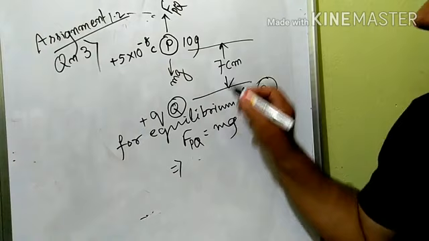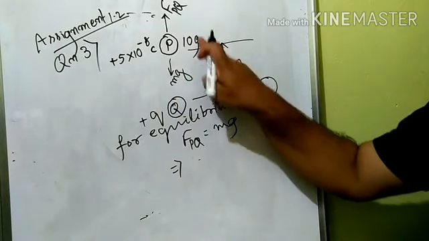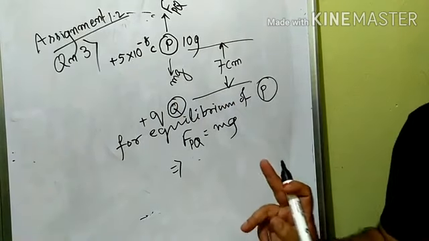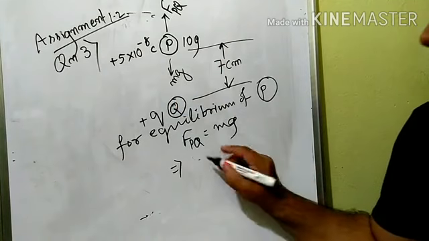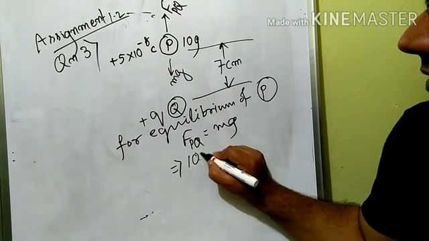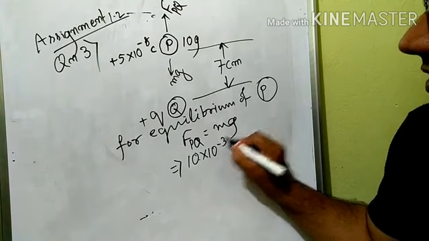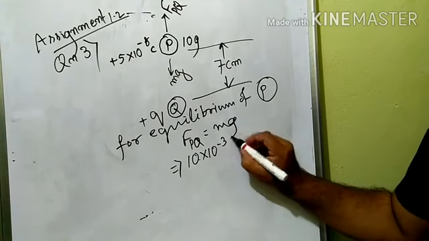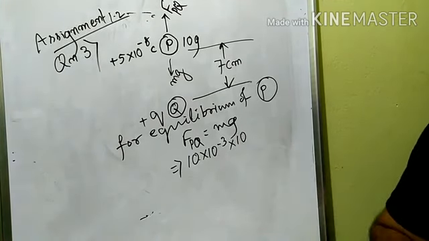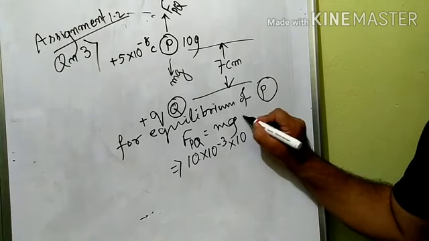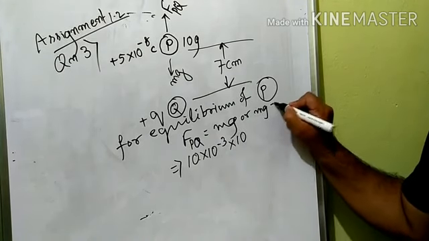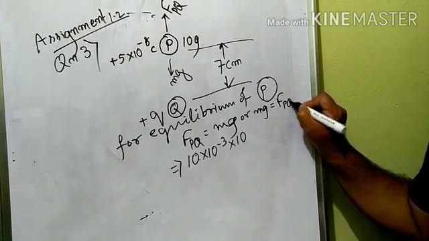Implies that mg, mass is given to be 10 gram, but everything we should maintain in a SI system of units. So 10 into 10 to the power minus 3 kg m into g. G is another 10. I am writing mg first. Mg is equal to FPQ.